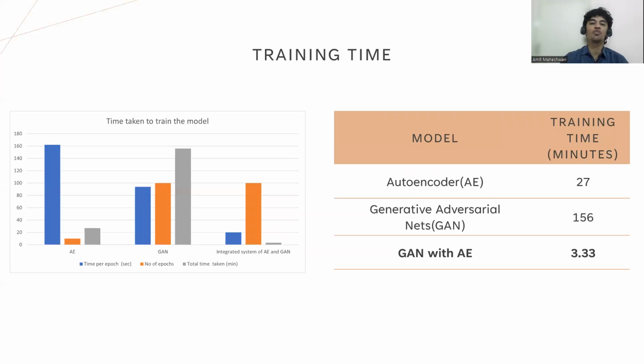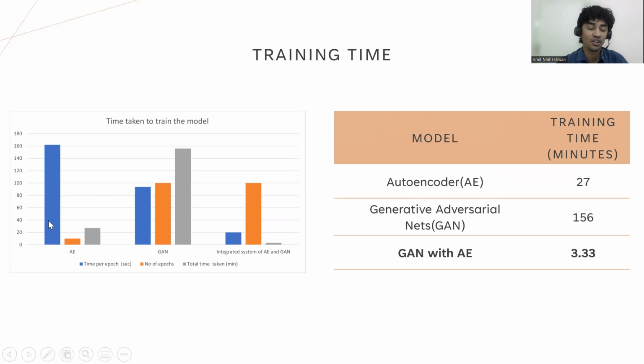The training time required for these three architectures, as you can see in the table at the right: the autoencoder requires 27 minutes. Why? Because autoencoders are faster in learning. Autoencoders require really few epochs to learn the data distribution, which can be seen in the left-hand side chart as well.